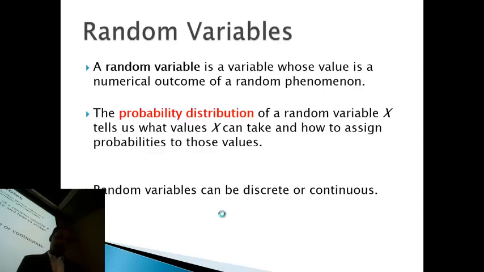All right, so let's see here. A random variable is a variable whose value is a numerical outcome. That's fine. And then, of course, we have a probability distribution. It's kind of like a probability model. We just use variables like x.